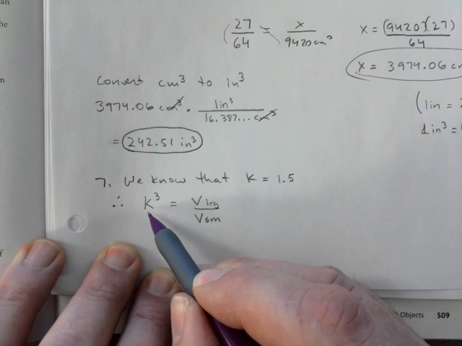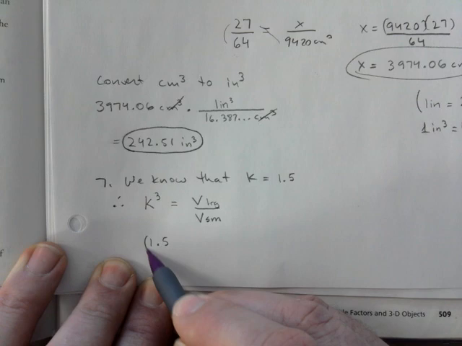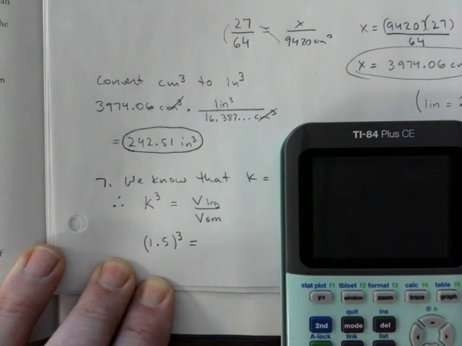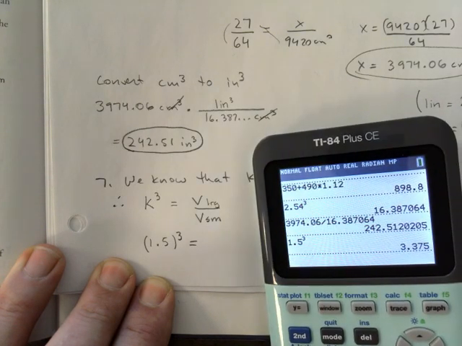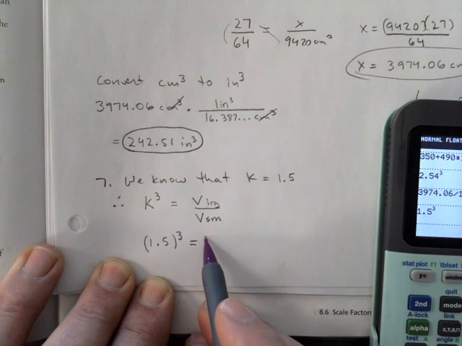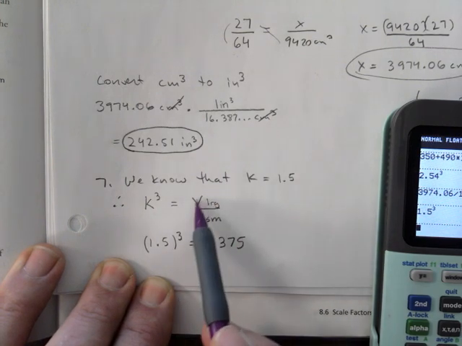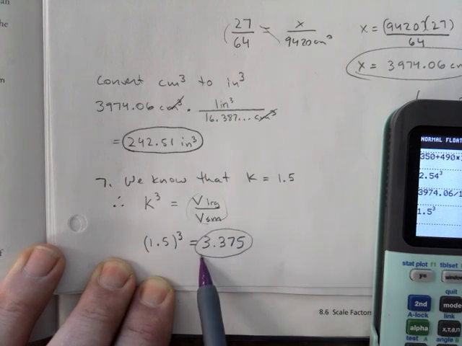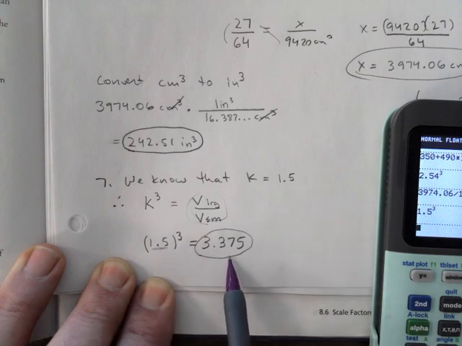And so 1.5 cubed would be, I need help on that one, 3.375. If you divided the volumes, you would get this, okay? If you made it 1.5 times larger, this is what you would get.